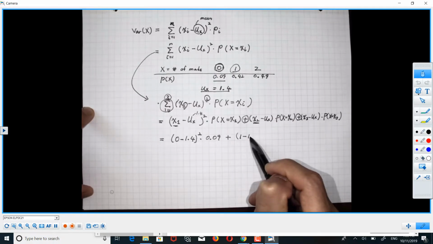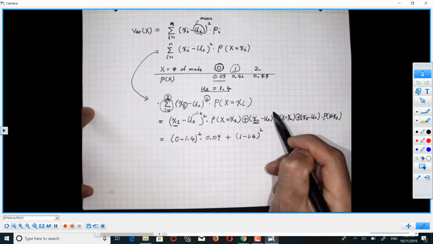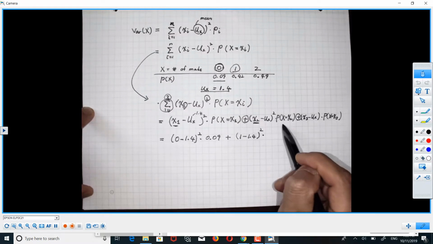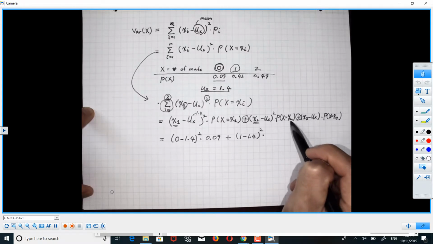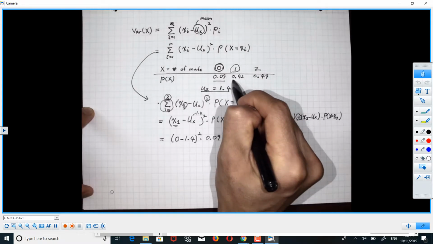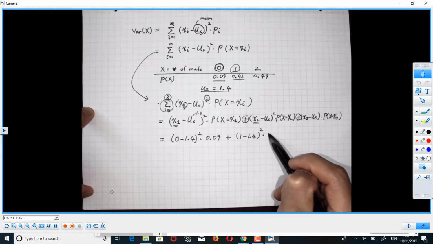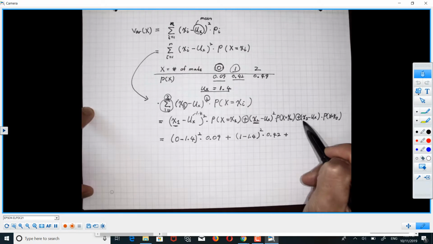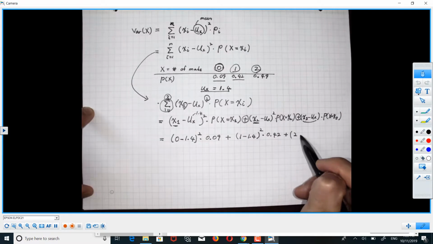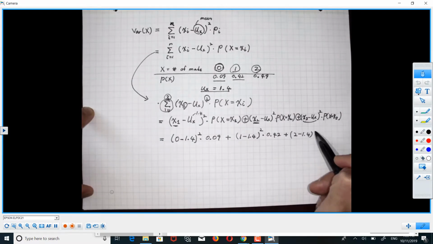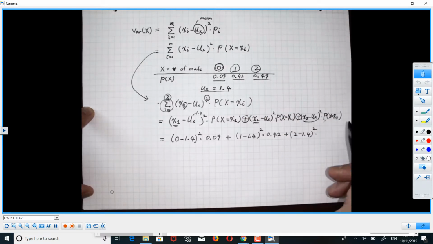So 1 minus 1.4 squared, times the probability when x is equal to 1, which is 0.42. And then plus, x3 is 2, so 2 minus 1.4 squared, and then the probability of x being x3, which is 2, is 0.49. Okay, so that's the formula.